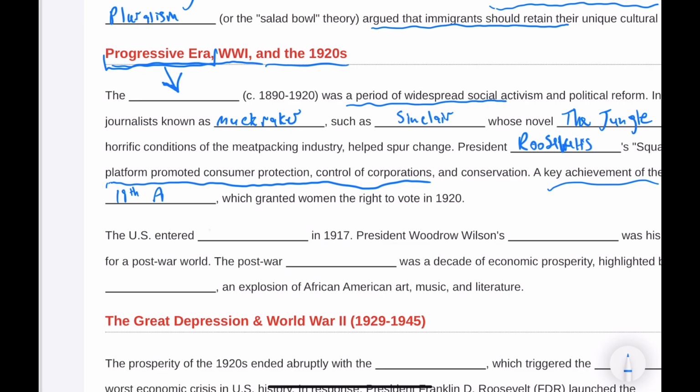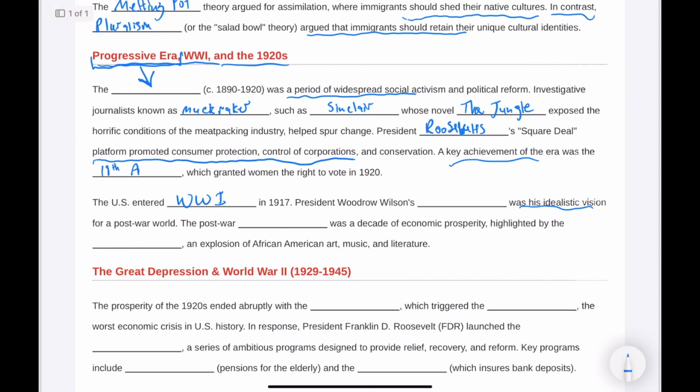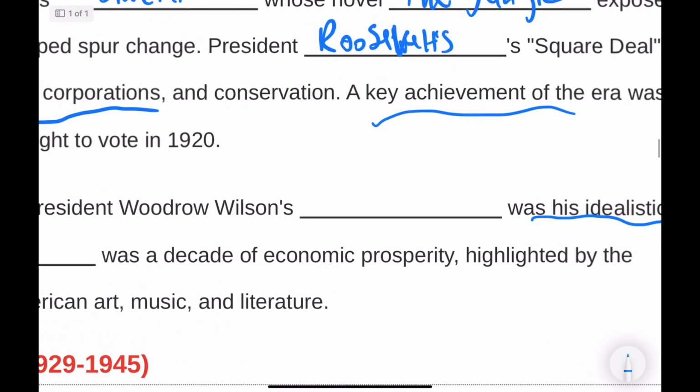And moving on, the U.S. entered World War I in 1917. President Woodrow Wilson's blank was his idealistic vision for a post-World War. Remember, Wilson created what was called the 14 points.